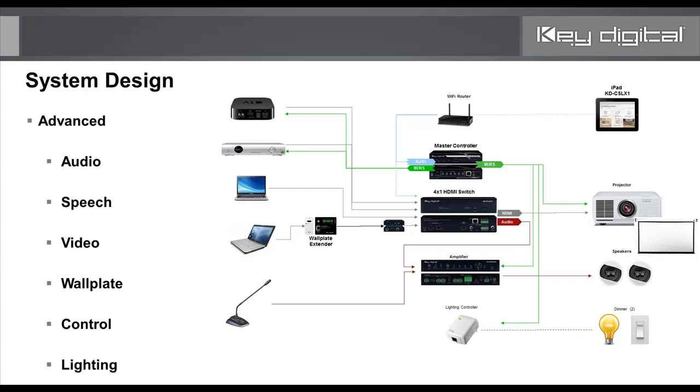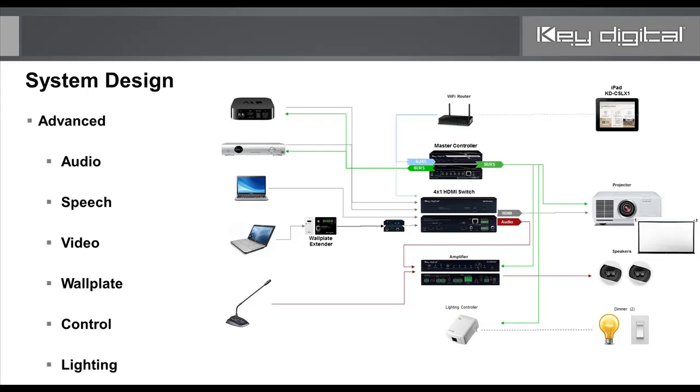Here we look at the addition of speech, having a microphone plugged into the KD-AMP220. It has a microphone input, and it can power phantom power microphones if needed. Adding a wall plate input so that they could plug in at the wall using KeyDigital's HD-BaseT extender with a wall plate transmitter, we'll show you in more detail.